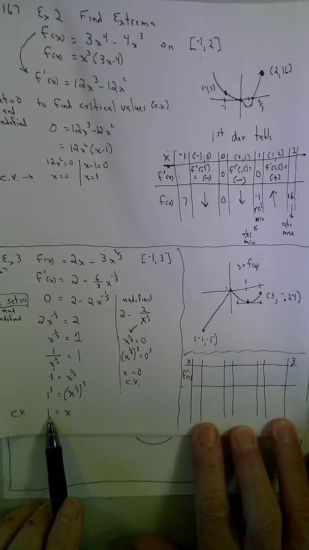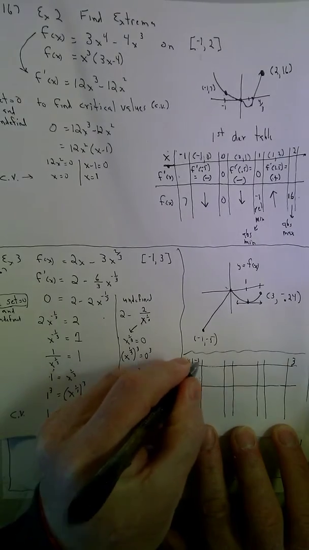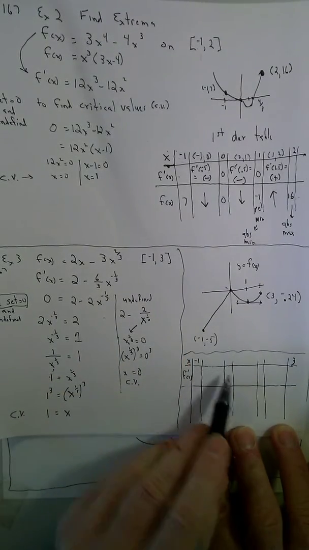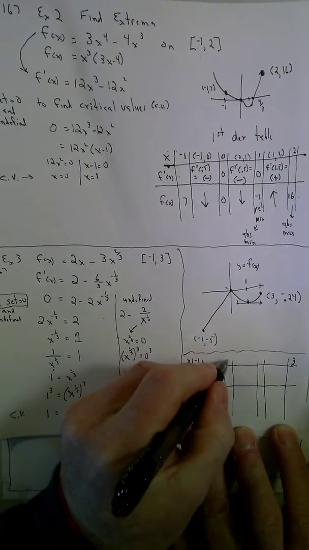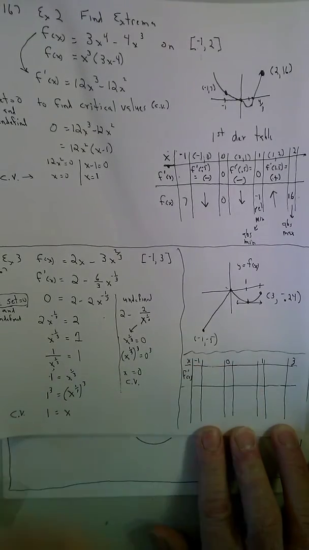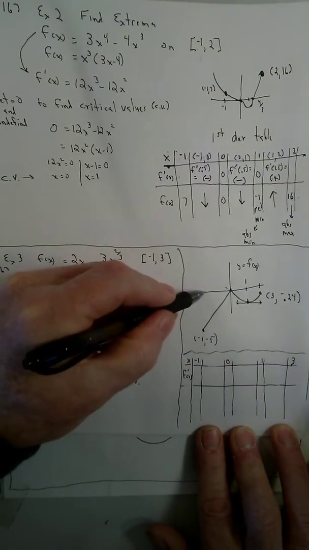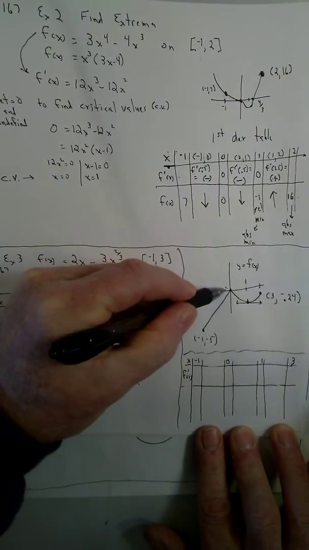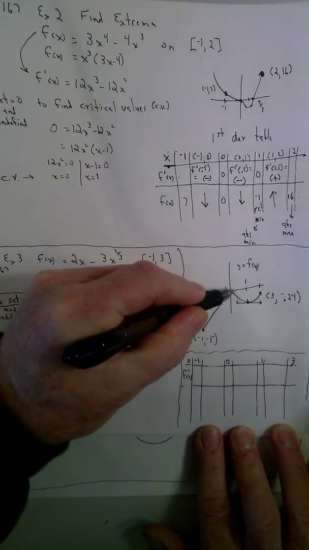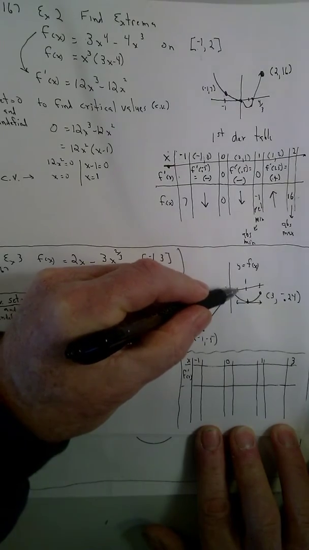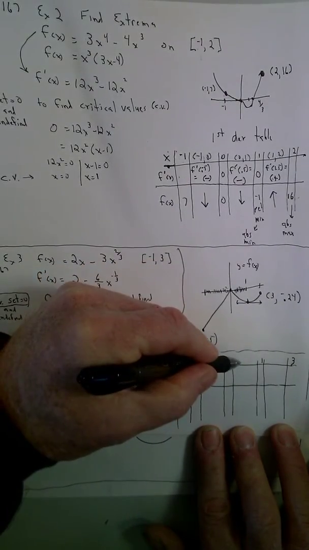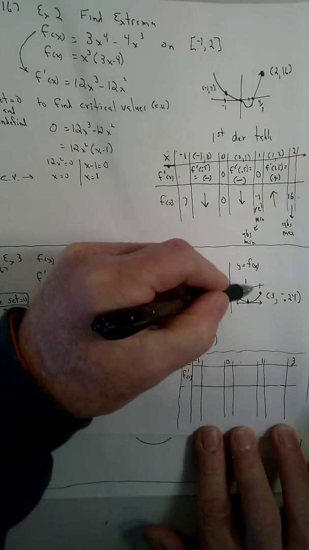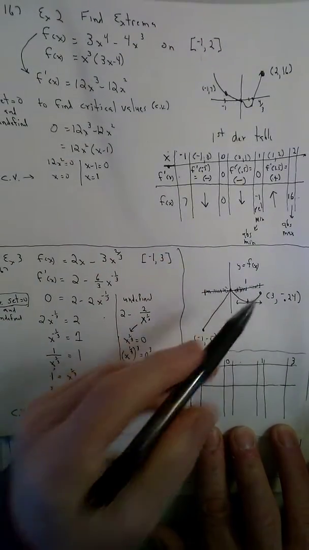So -1, leave some space for the interval, 0, 1, 3. So I broke it up, starting here at -1, there's my first interval to 0, there's my second interval out to 1, and then there's my 3rd interval from 1 to 3. So I can label those using interval notation.